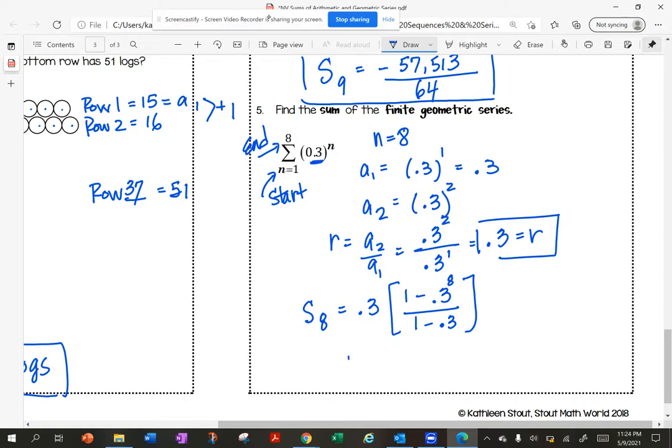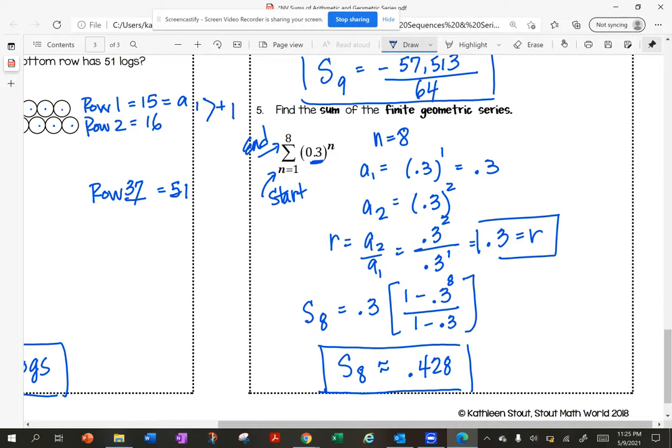Okay, so I get the sum to the 8th, and we are going to round this one. This is 0.428. It turns out to be an irrational number, so I'm going to round. I don't have an exact number.